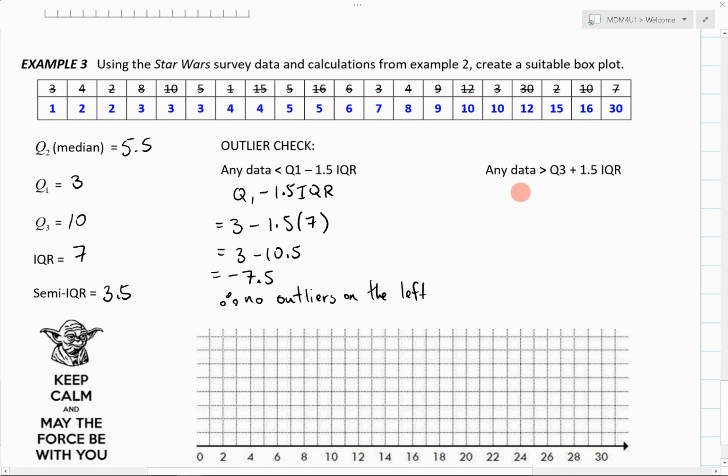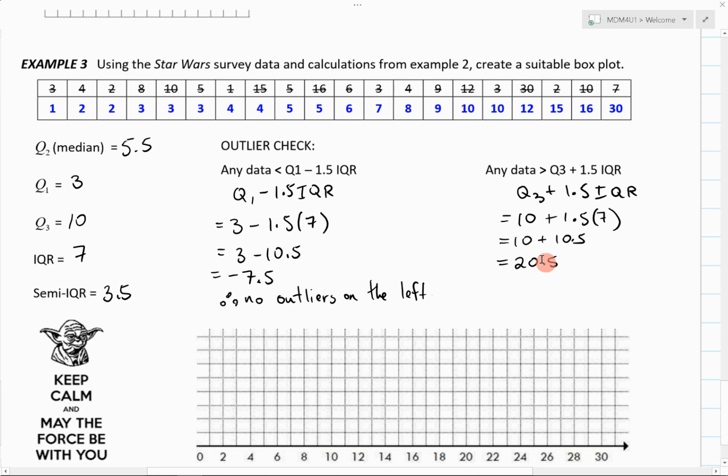Okay, what about outliers on the right? Well, if you take quartile 3, you add 1.5 times the interquartile range. Let's see what we get. Quartile 3 is 10. I add 1.5 times the interquartile range, which is 7, and I get 10 plus 10.5, which is equal to 20.5.